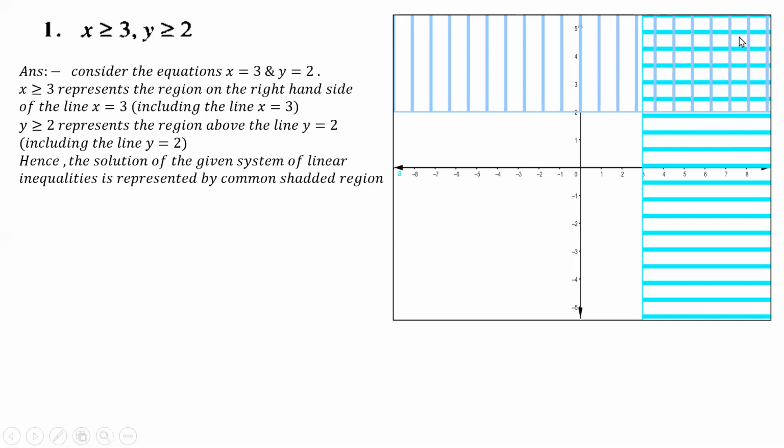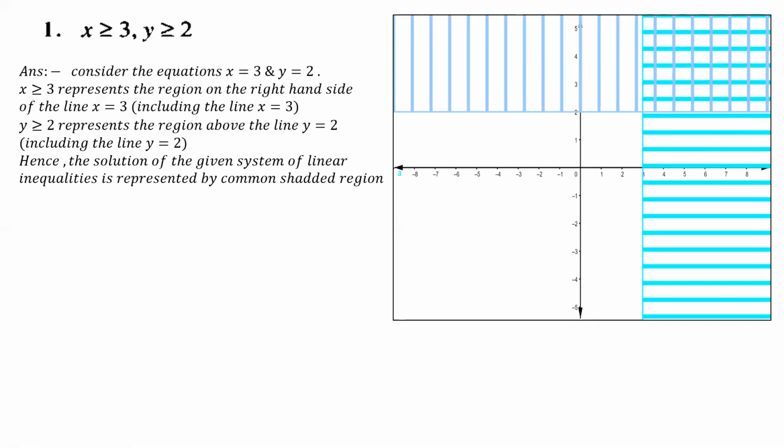You can take different shades and write the common shaded portion, or you can directly mark the region without shading it. So you can also write that the shaded portion is the solution region for the system of linear inequalities.